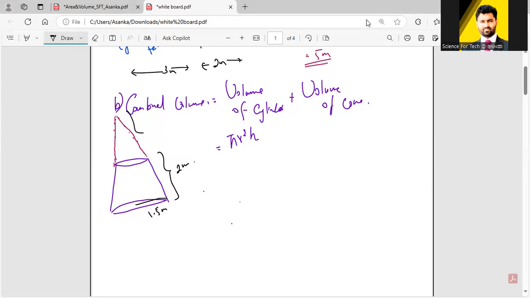From here to here we don't know the height, so I will take it as x. From here to here we know that it is 1 meter.